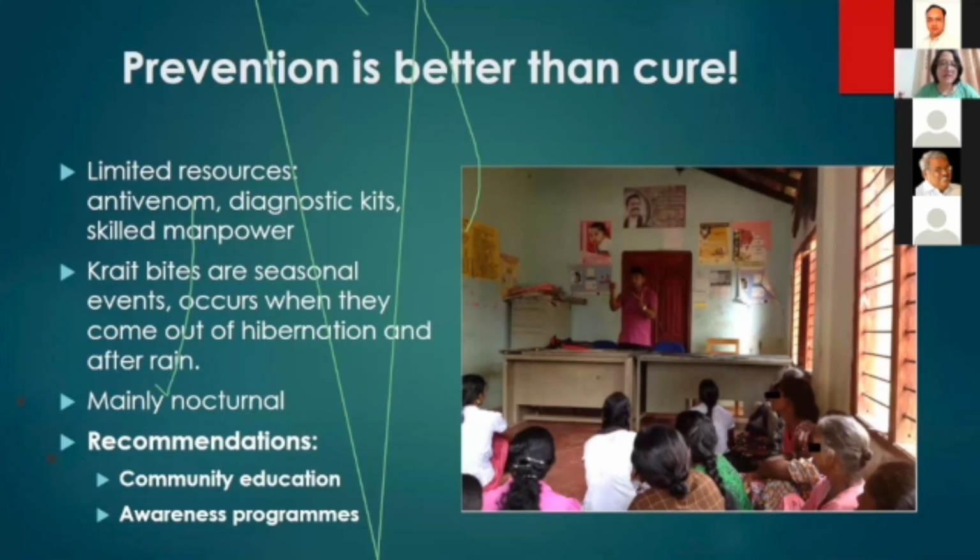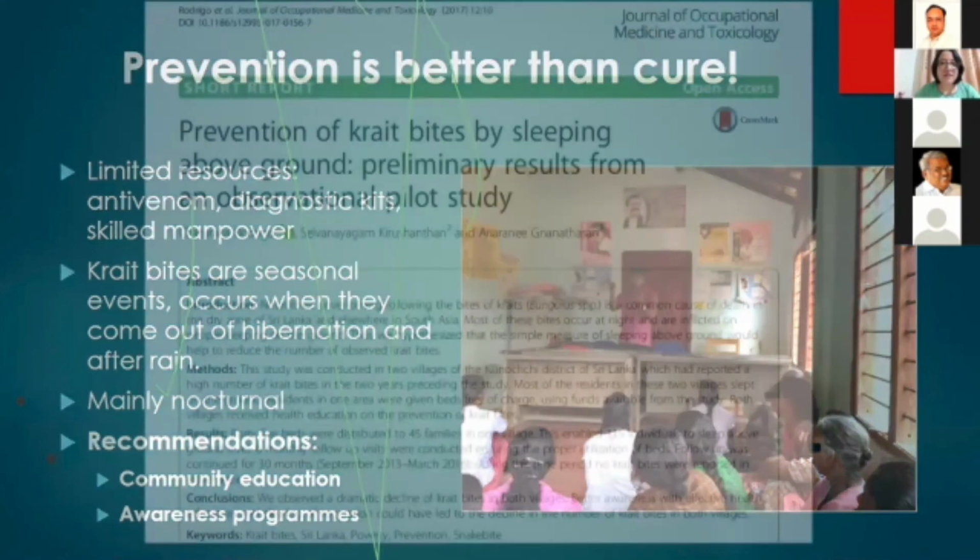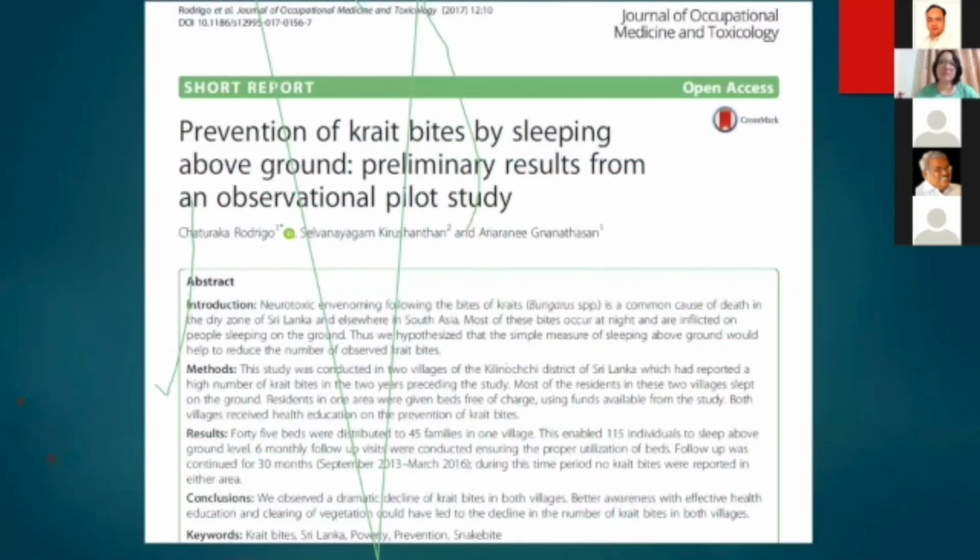And we all know Krait bites are seasonal events. They occur when the snakes come out of hibernation after the rain. They are nocturnal. So the recommendations would be for community education, as we can see in this picture, and also awareness programs.